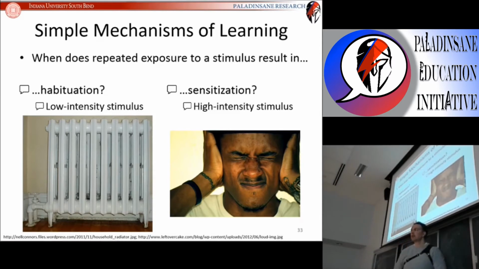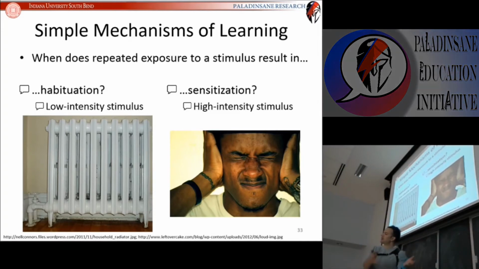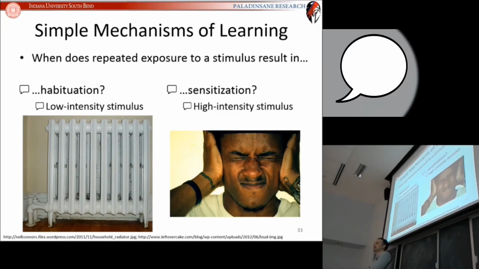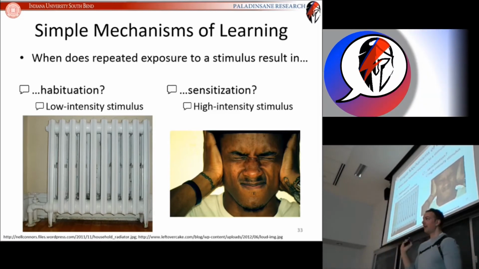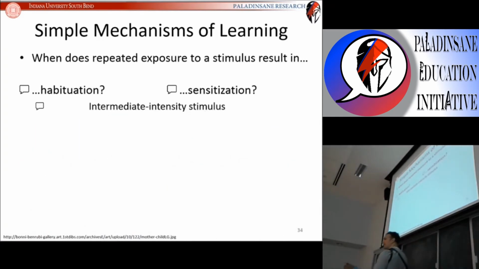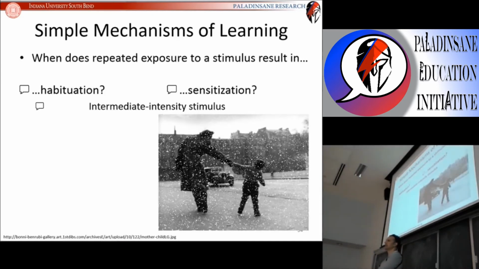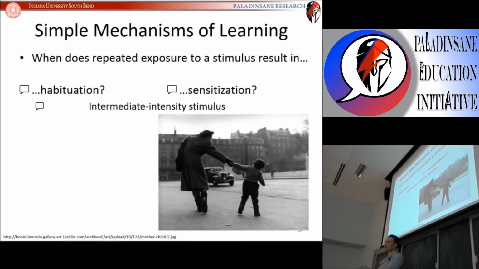So the first predictor of whether something's going to be habituation or sensitization: if it's low intensity, habituation; if it's high intensity, sensitization. And interestingly, if it's intermediate in its intensity, those begin with sensitization, and then eventually they move to habituation.